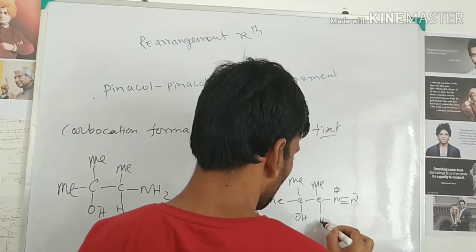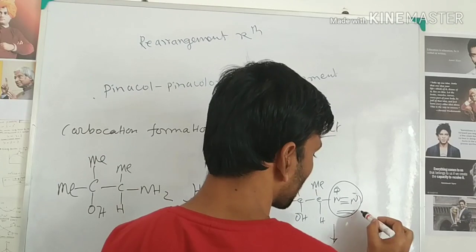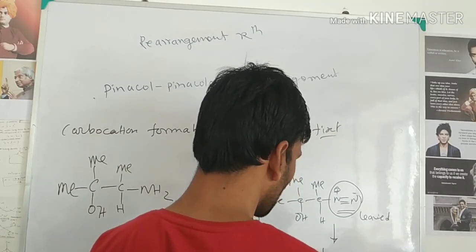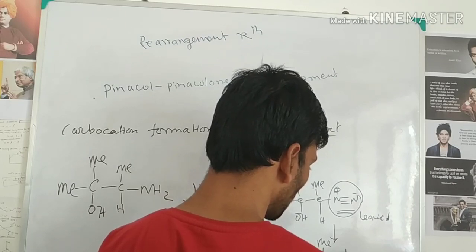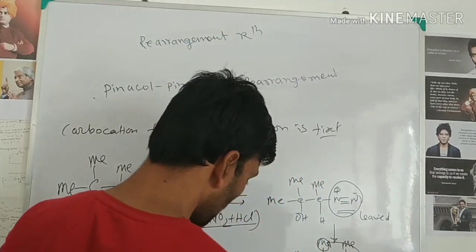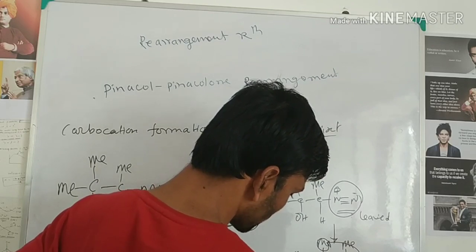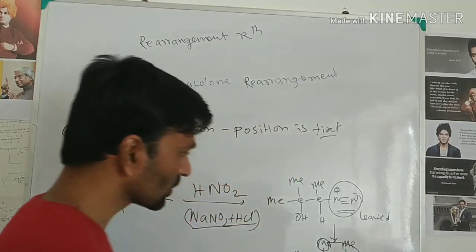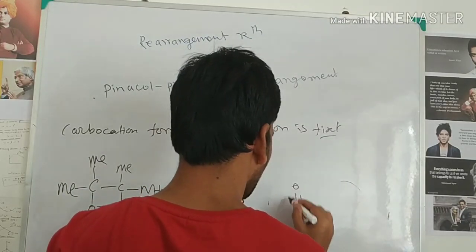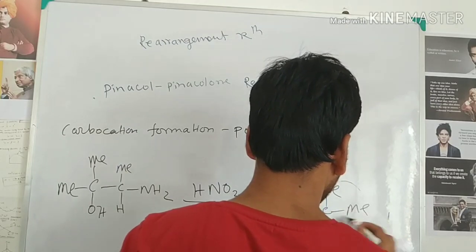This N2 is the leaving group and leaves here, and this part leaves to form the carbocation, and this migration happens here and finally forms this compound. Okay? This one is the final compound.